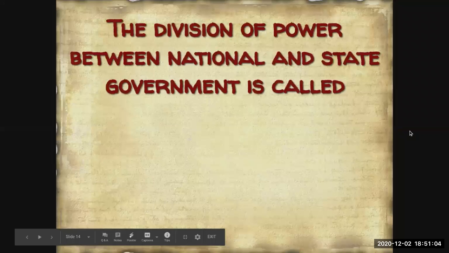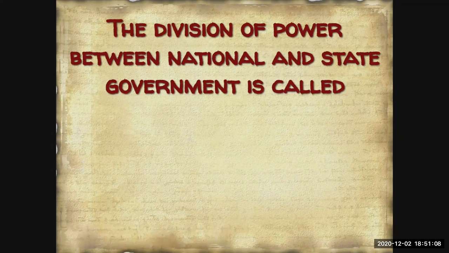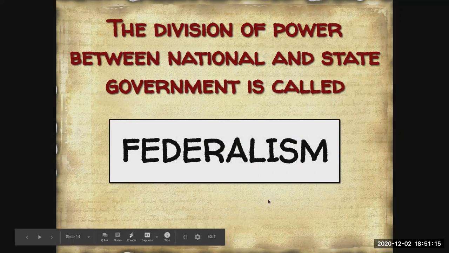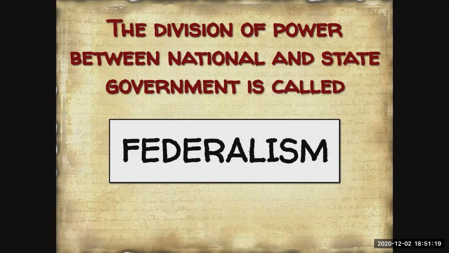Now, the concept of the division of power between national and state governments is called federalism. Now, the United States is not the only country that has a federalist system that distributes power between a central government and a state or regional or county government.